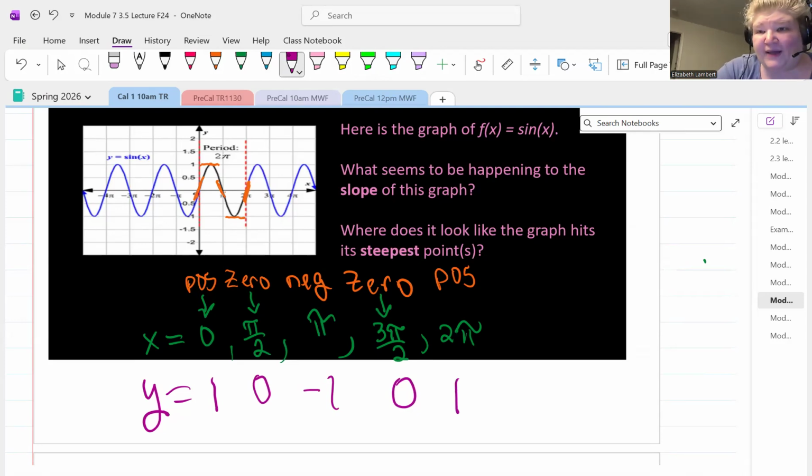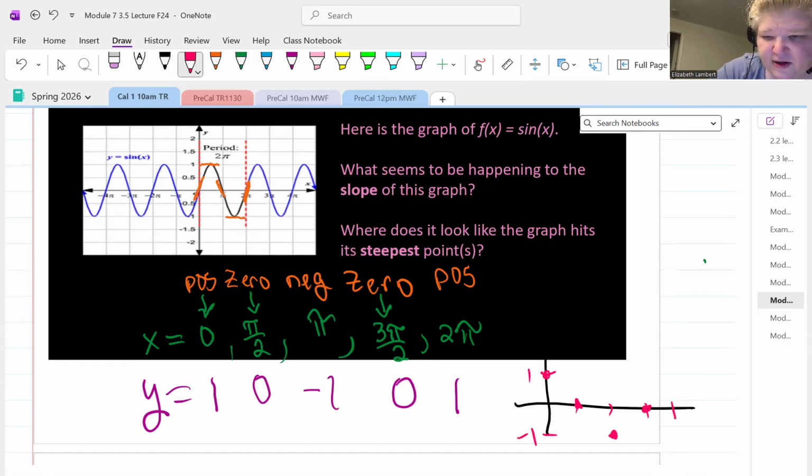So look at those y values. And then I'm going to actually plot these points. So when x is 0, y is 1. Then at our next value, we're at 0. Our next value, we're down at -1. Our next value, we're back at 0, and our last value, we're back at 1.